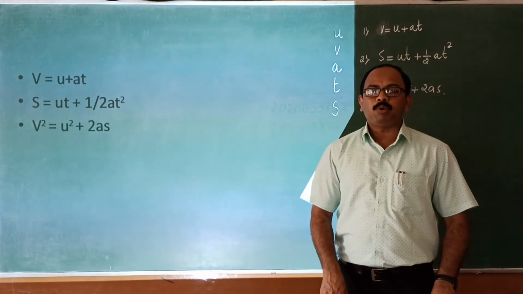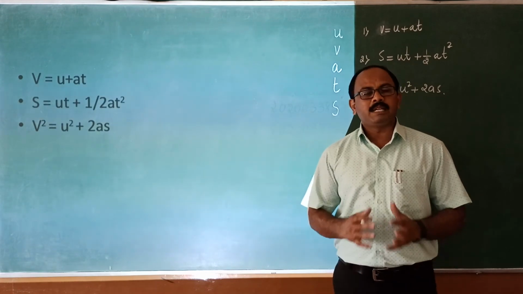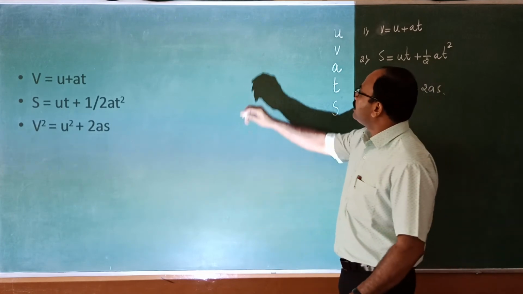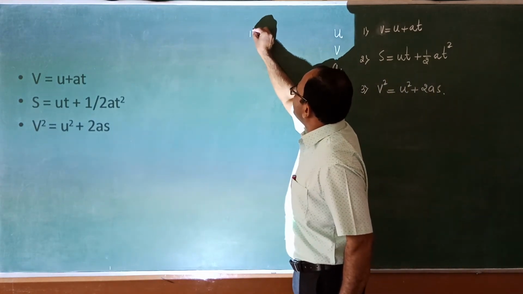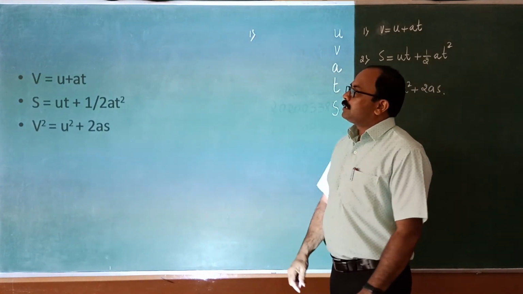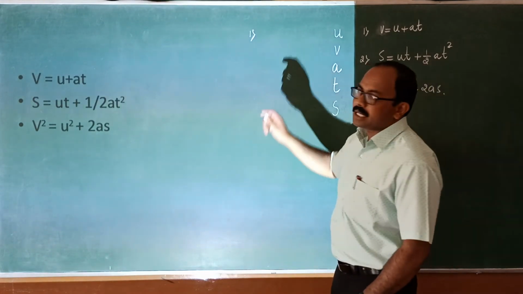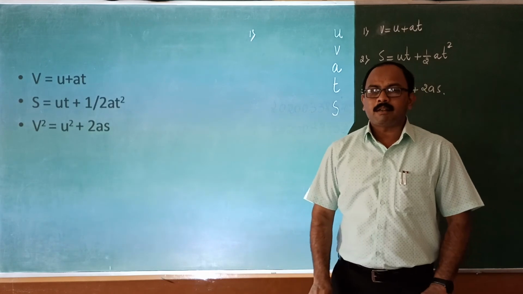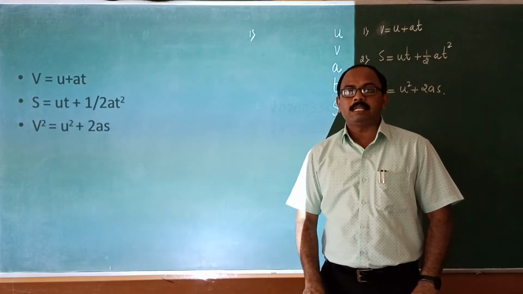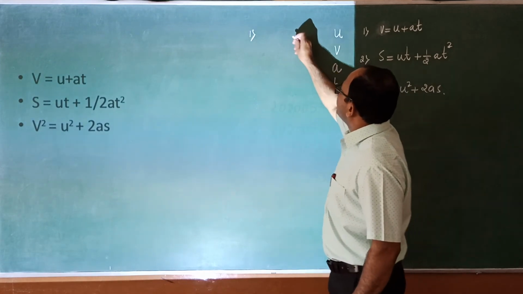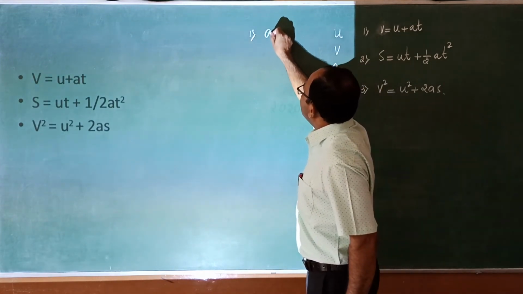Let's see one by one how we have derived these equations of motion. To begin with, let me consider the first one, children. We know the rate of change of velocity is known as acceleration. Acceleration is represented by the letter small a.